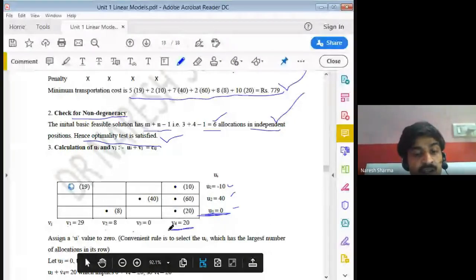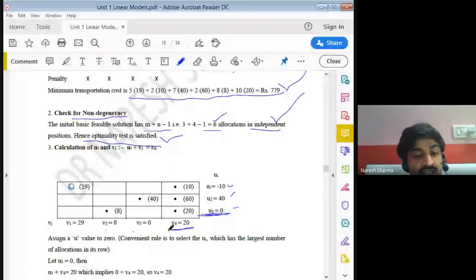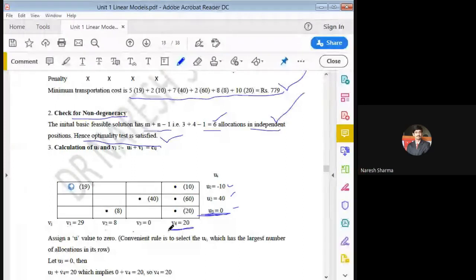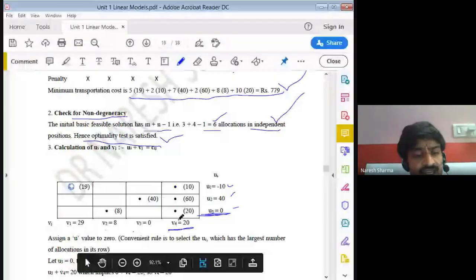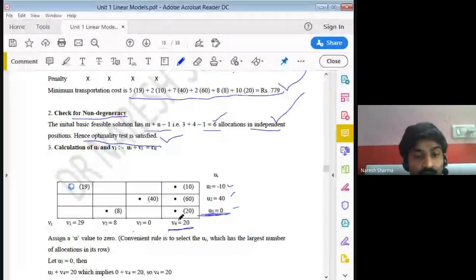No problem in this. You can choose it where the allocations are maximum, but this is just an idea, nothing special. You can choose arbitrarily. So here I choose u3 equal to 0.